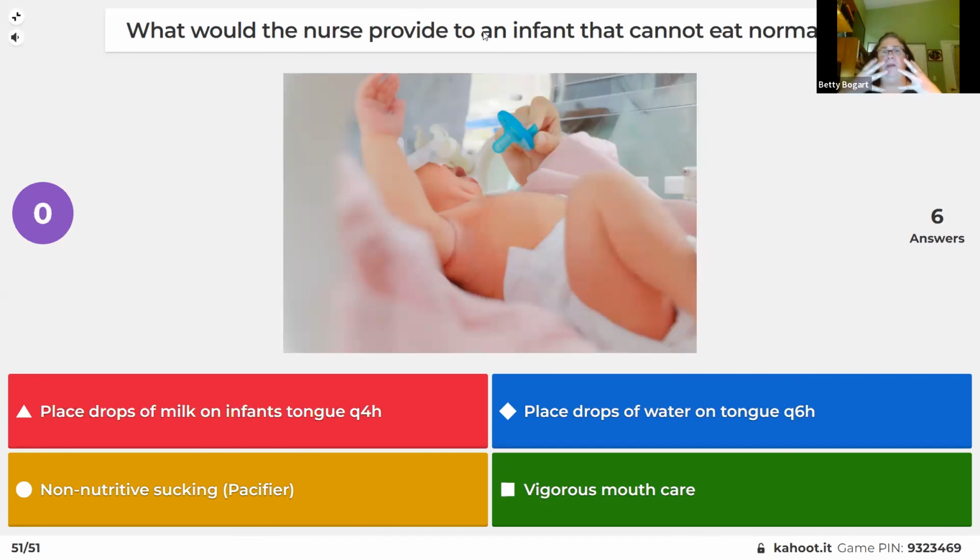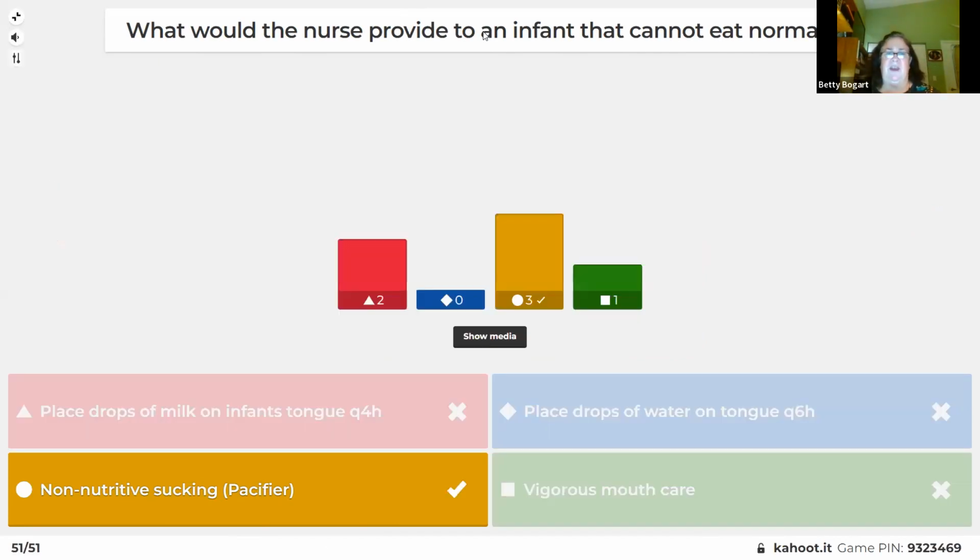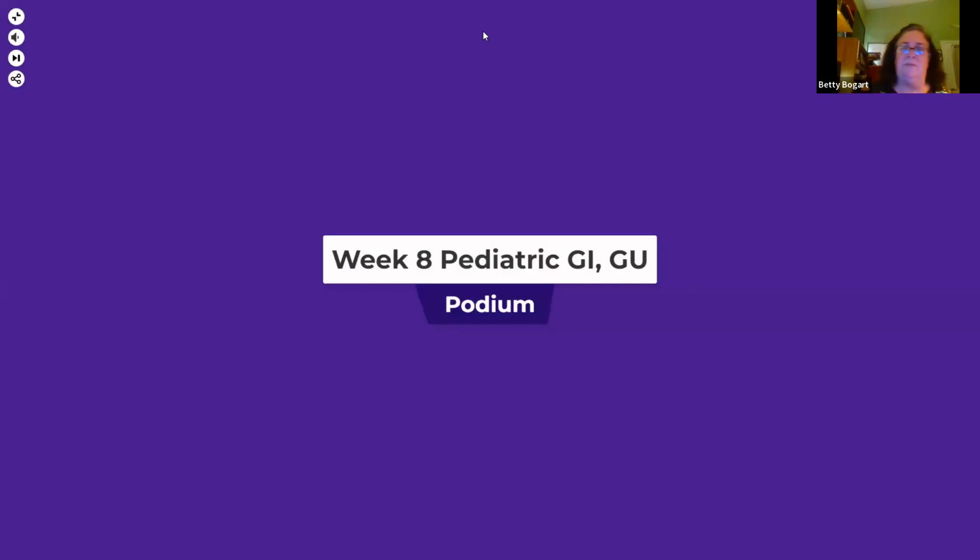How are we going to keep this child happy? What we're going to do is a non-nutritive sucker, a pacifier, that's part of their growth and development. And you're not going to put milk on it. No, we're not going to do vigorous mouth care. All we're going to do is let them suck on something. And usually it's that pacifier, and it gives them comfort.